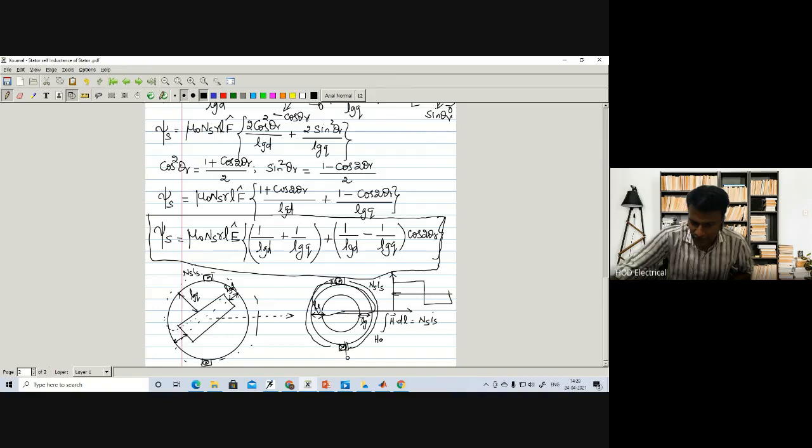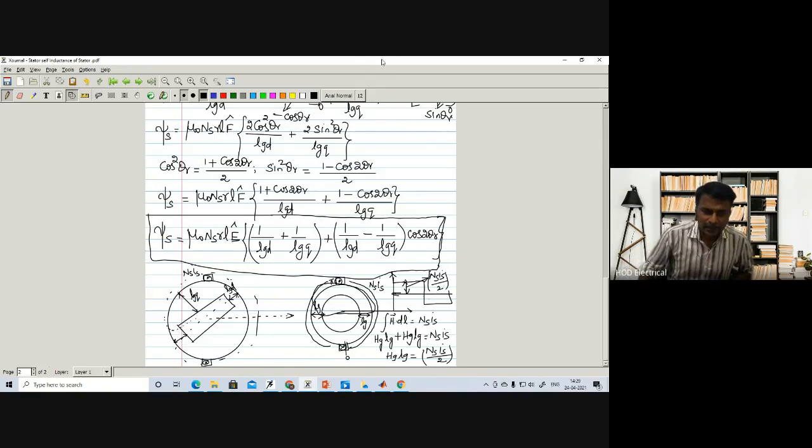In the air gap, the field intensity is Hg in Lg plus again Hg in Lg, equal to Ns into Is. From this, Hg into Lg is equal to Ns Is divided by 2. So this magnitude is nothing but Ns Is divided by 2.